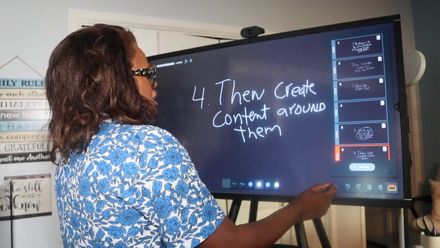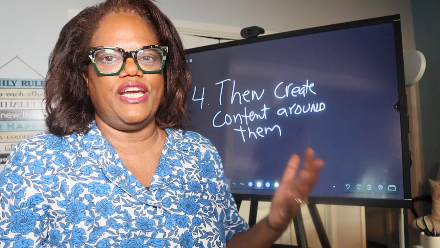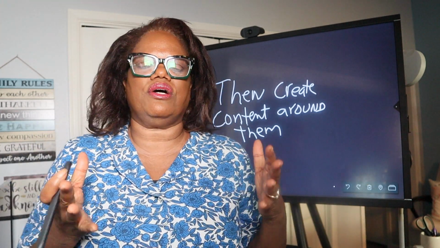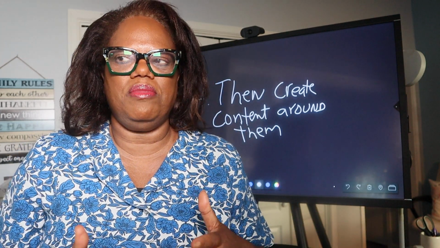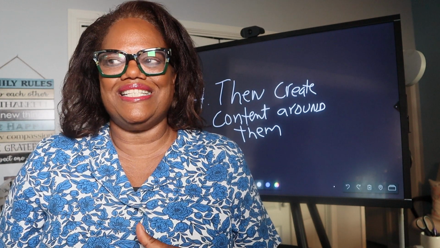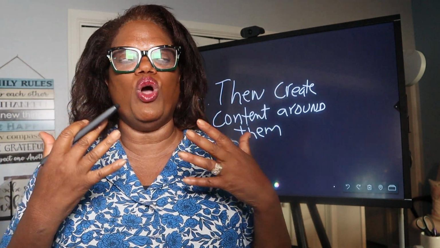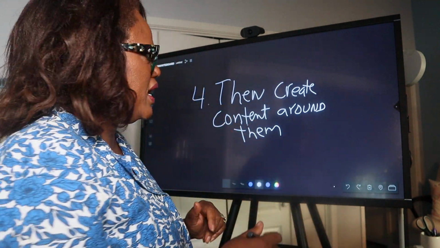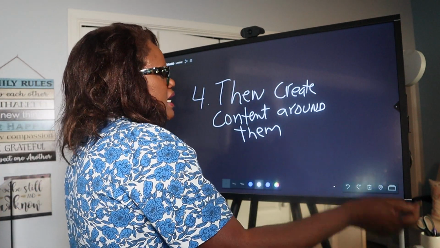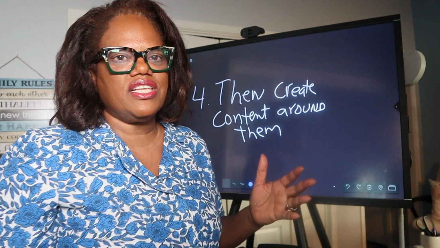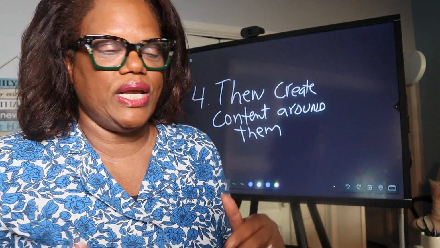Okay, so then now you want to start creating content around it. This is how this social media system is going to change your business, your life, how you post, and it's going to help you grow an audience. So we want to create content around all of these things that we just wrote down.